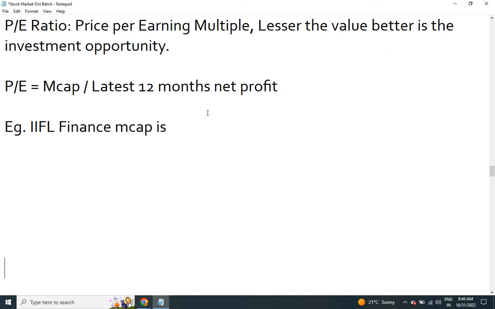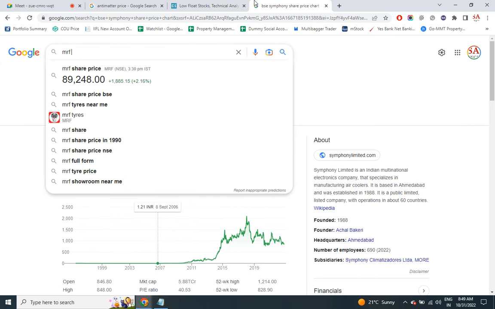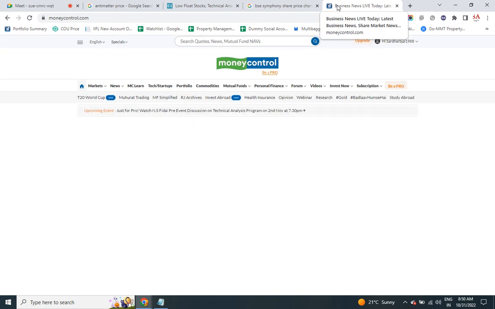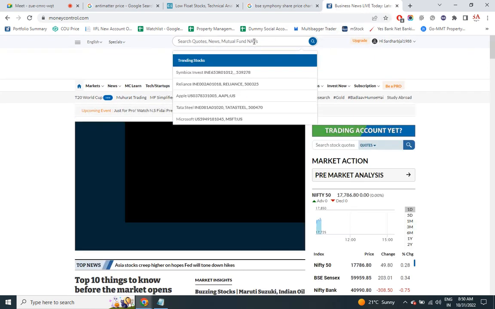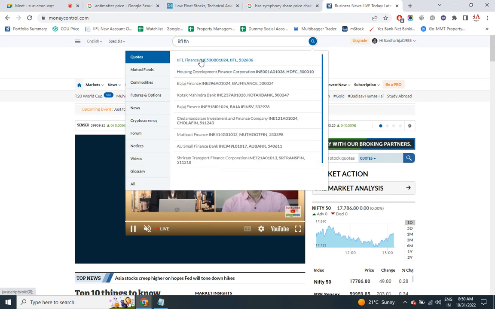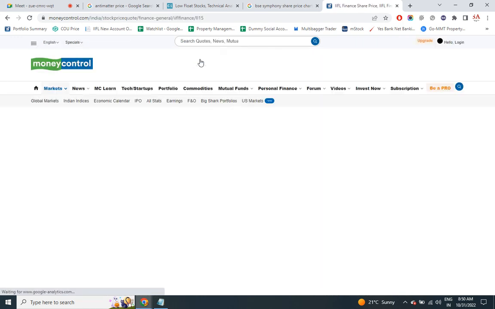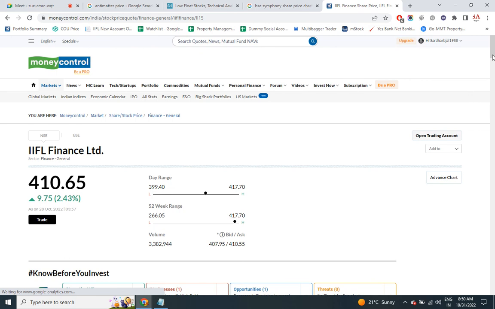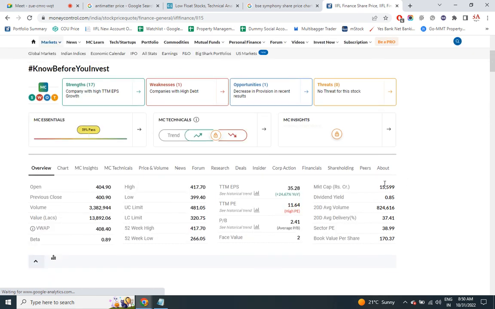So let us take an example of the PE ratio of IIFL Finance. Firstly, we have to know what the market cap is. Let us go back to Moneycontrol and see. The market cap we find is 16,000 crores.